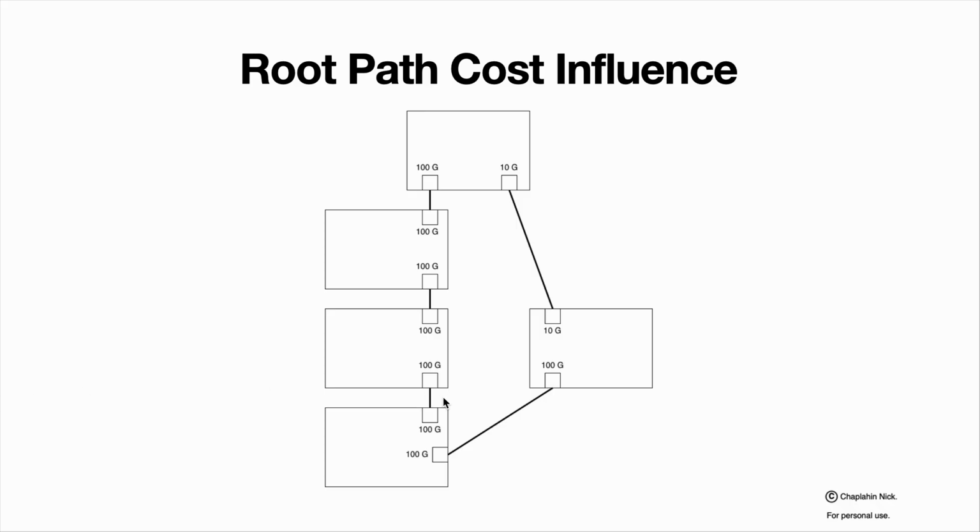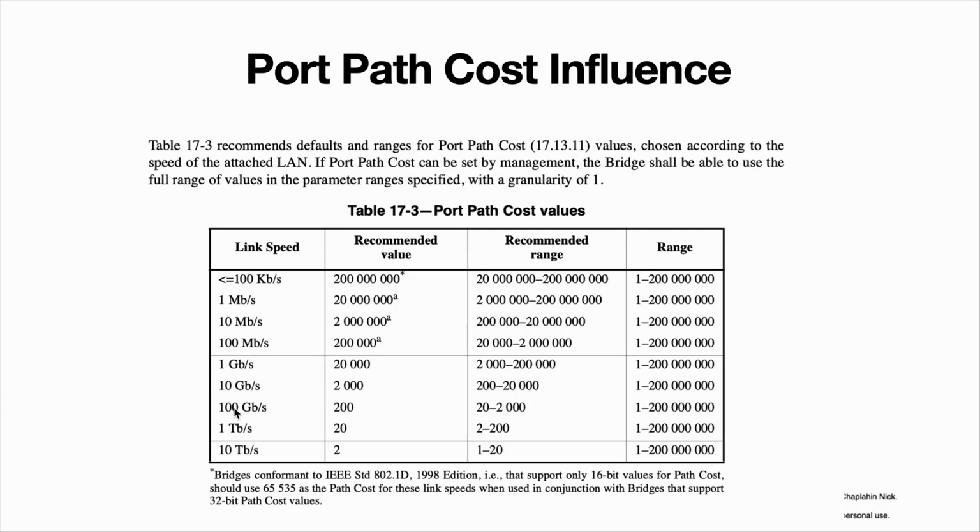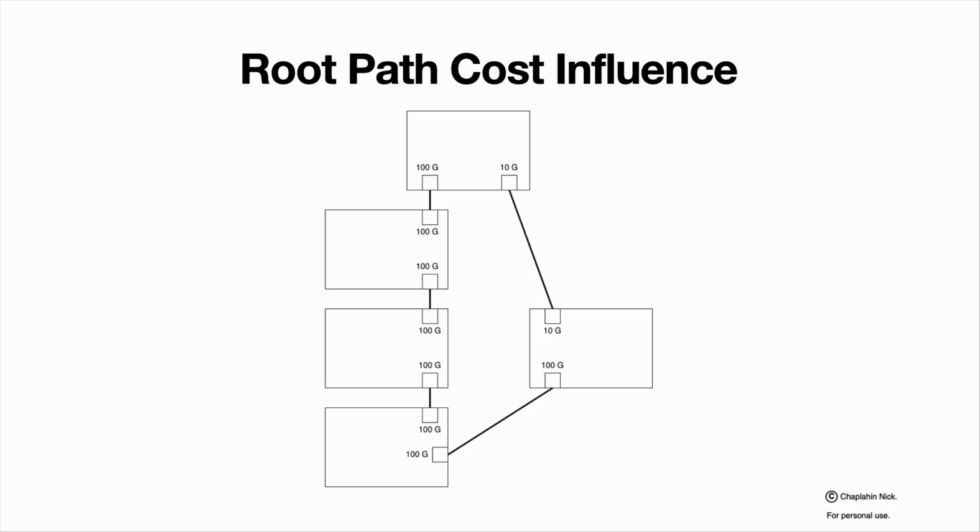Let's check an example. First of all, please remember: 100 gigabits, 200 recommended value; 10 gigabits, 2000 recommended value. We have a topology where a device is connected with 100 gigabit down to the bottom right and 10 gigabit directly to the right.